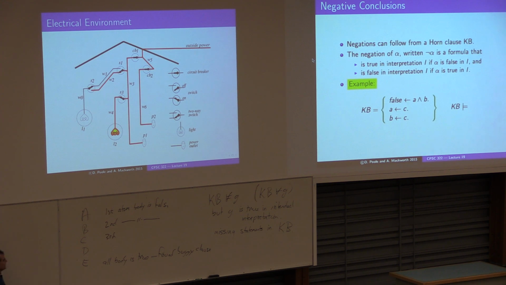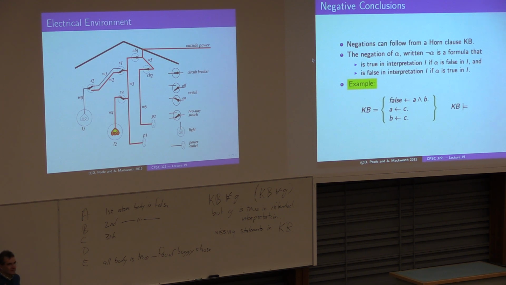And here's my knowledge base. If I know false if A and B, A if C, and B if C, what can I conclude? So this is my knowledge base. What can I conclude? I can't conclude C. Well, I can prove that.